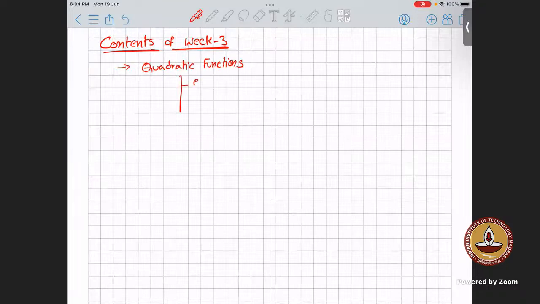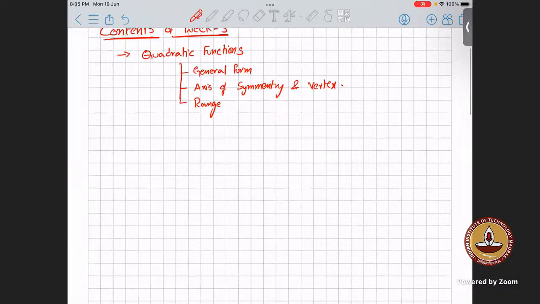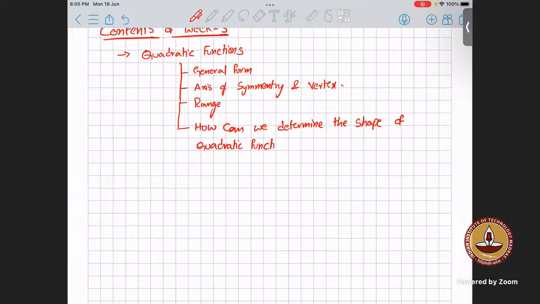In this we will discuss the general form, the axis of symmetry, the vertex, and the range, and how we can determine the shape of the parabola, the shape of the quadratic function.